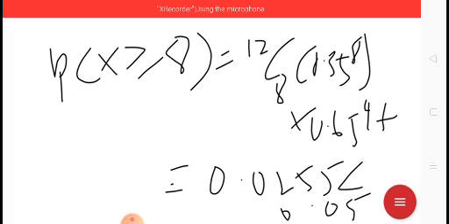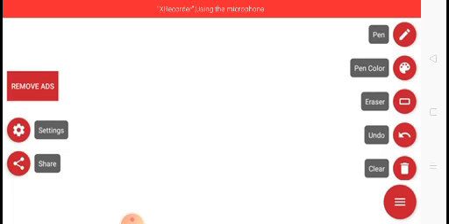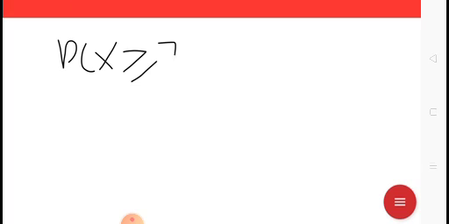So if this is smaller than 0.05, it means X equal to 8 is still in the critical region. So you need to proceed one more step in order to confirm the critical region. You cannot stop here. So one more step: you need to add one more. We go for P(X ≥ 7).